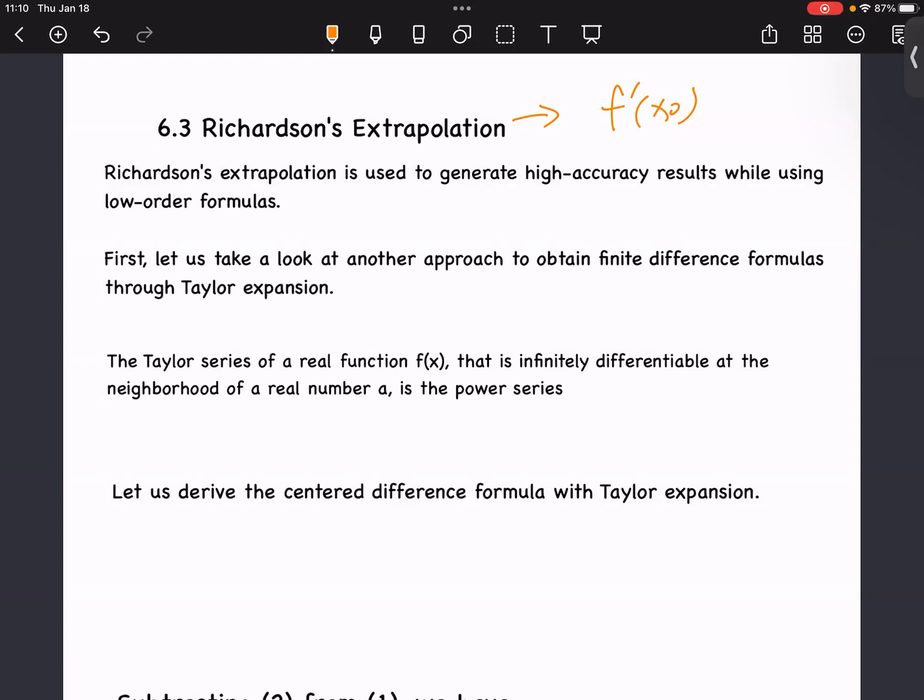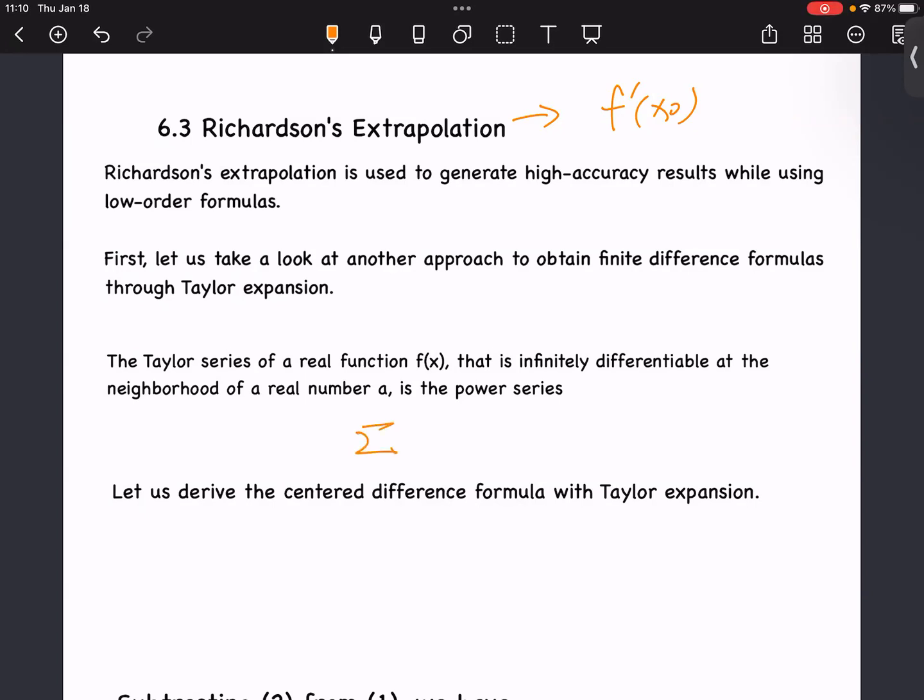Today we are using the Taylor expansions to approximate f. Let's take a look here. What's the Taylor series? The Taylor series of a real function that is infinitely differentiable in the neighborhood of a real number a is the power series that looks like this.